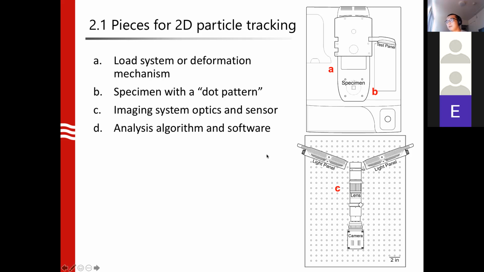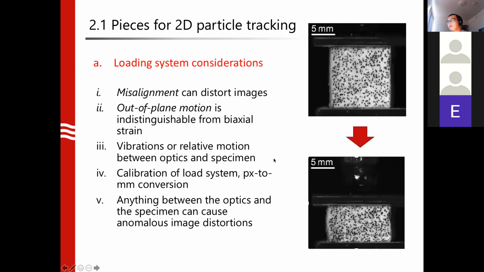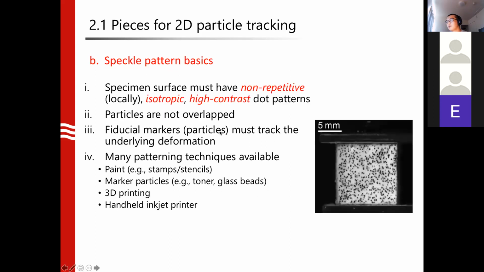So all this setup is the same as before. You need to have a very nice, robust, aligned loading system, and your images should be clear. You should not have blur.